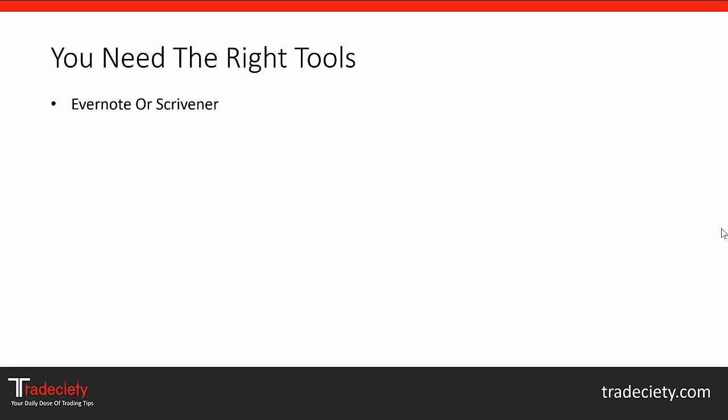So the tools we need are either, for example, Evernote or Scrivener. I use Scrivener. I'm a huge fan of it. It's actually a tool to write books. It's an app you can get on the internet or on the App Store for Macs. It helps you organize the trading plan into different chapters, sub-chapters. You can put pictures in, PDFs, videos, anything you want. And you have a really nice overview on the left, a table of contents.